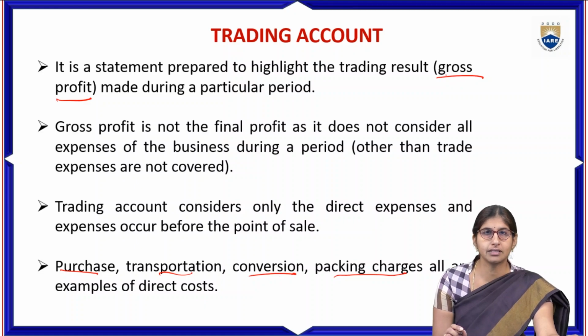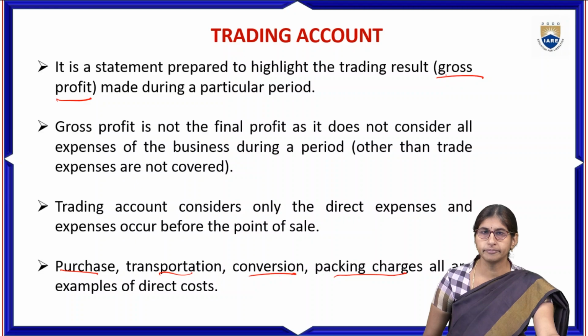And this trading account is going to focus on purchases, sales and cost per unit incurred for making that particular unit. Basically this trading account is prepared to ascertain gross profit.